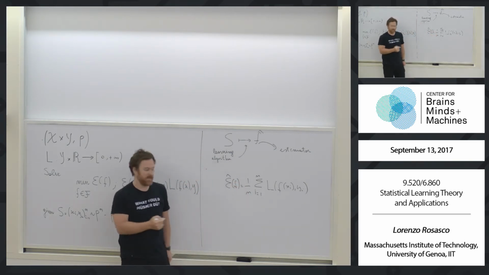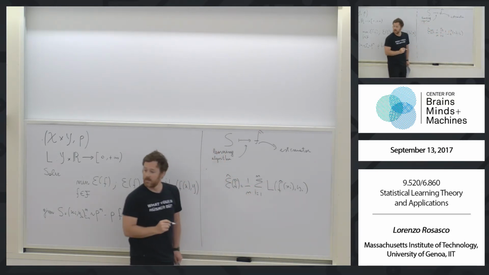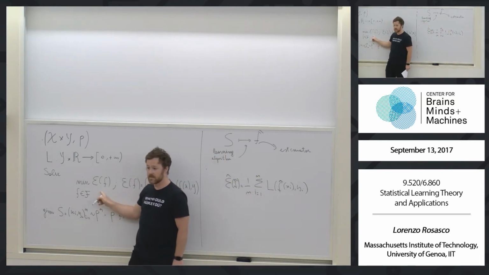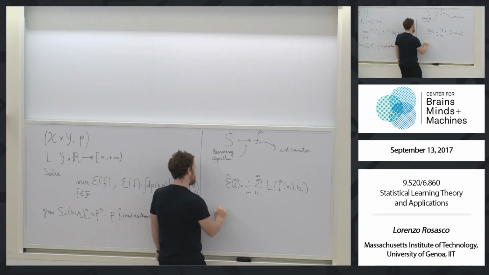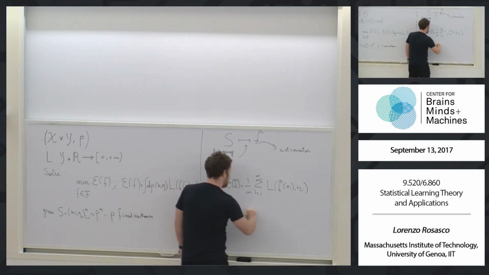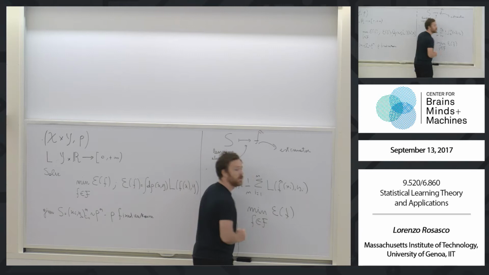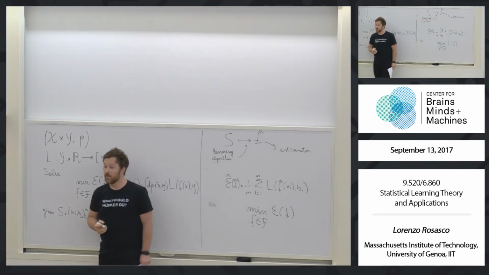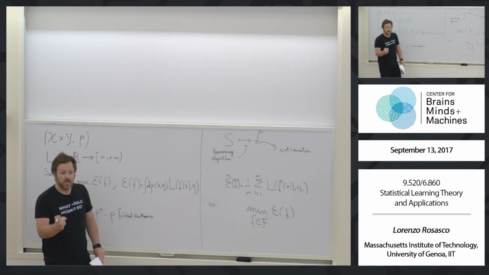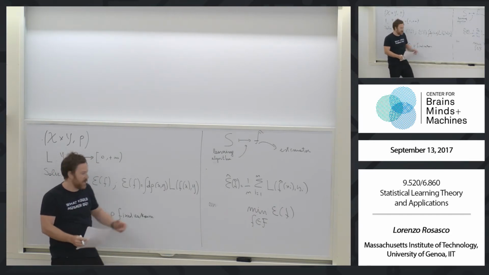And then I say I'm happy if this number for the specific guess I'm making is close to the minimum. That's one possible requirement: the deviation between the empirical mean, something you can compute on the data, and the actual problem.